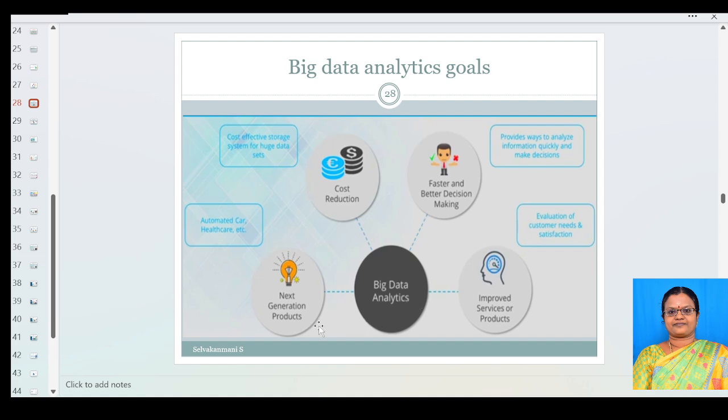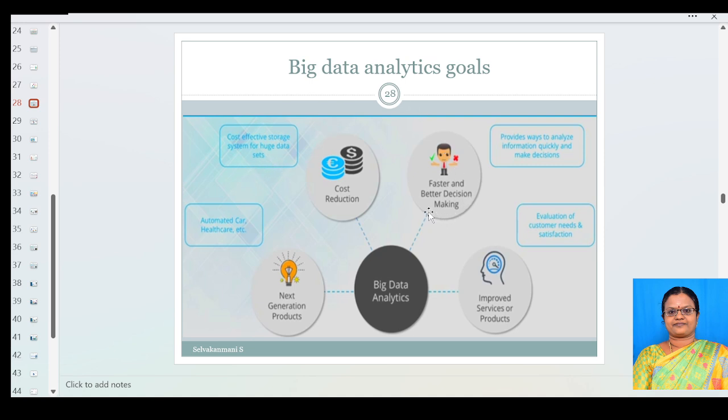So big data analytic goals, there are four goals available in big data analytics. These are the main four. First one is the next generation product. It helps us to evolve new generation products in the future. That is, it is a scalable one, and it will take us to new products also. And then cost reduction, so a cost effective storage system for huge data sets is possible.